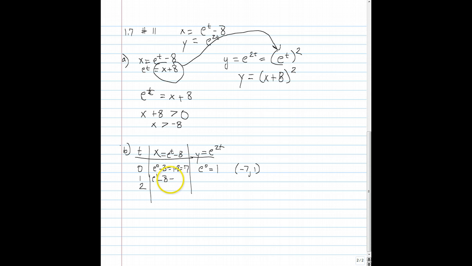That gets you decimal negative 5.28. Then you have e to the 2 times 1 is 2, so e to the 2 is 7.39 approximately. So you have another point, negative 5.28 and 7.39.